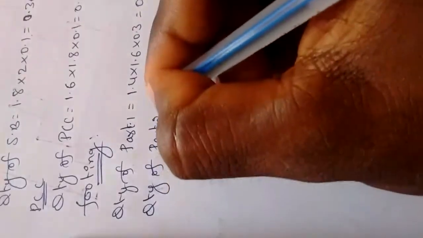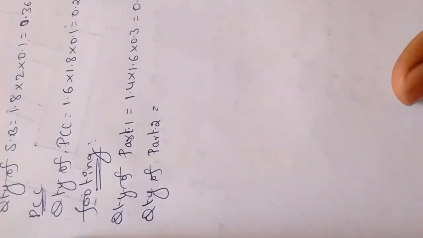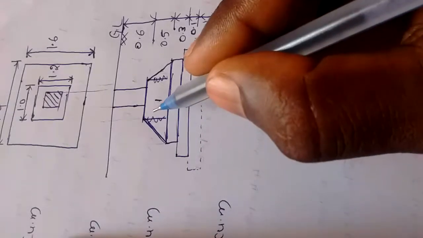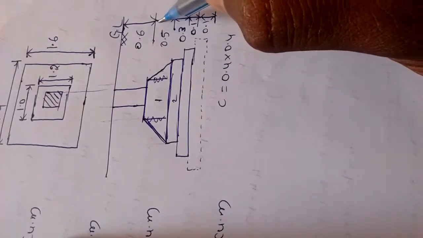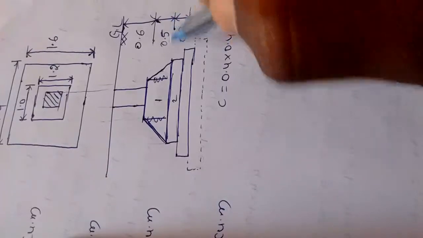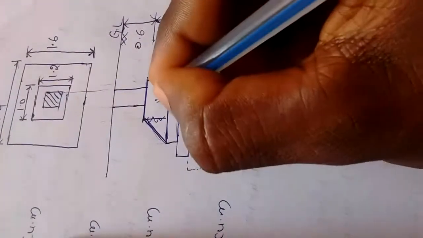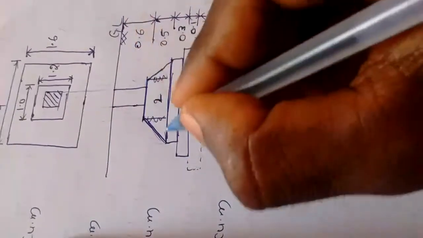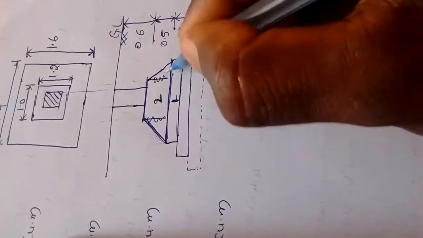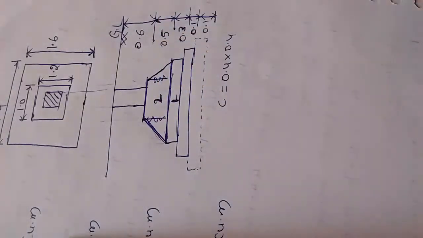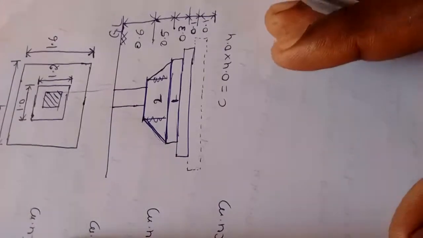Next, quantity of part 2. Length, width and depth: you know the depth of part 2, but length and width we are finding.